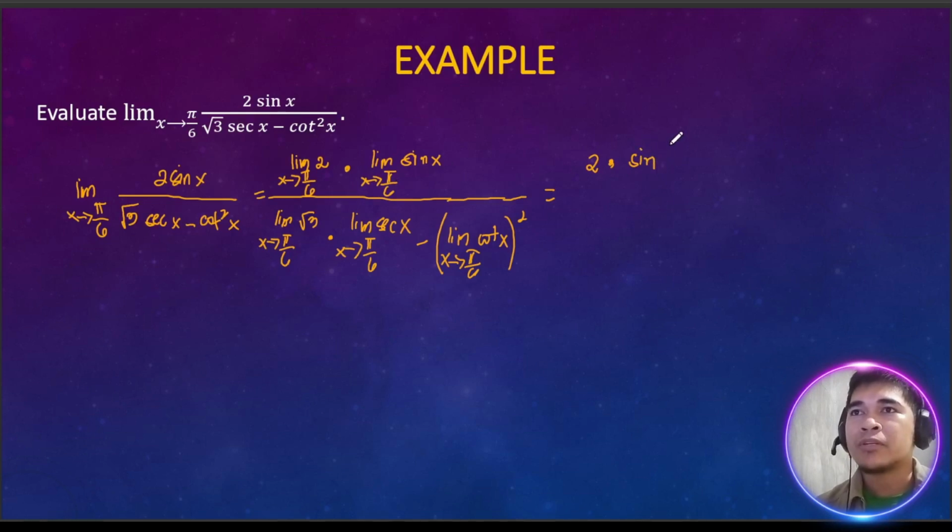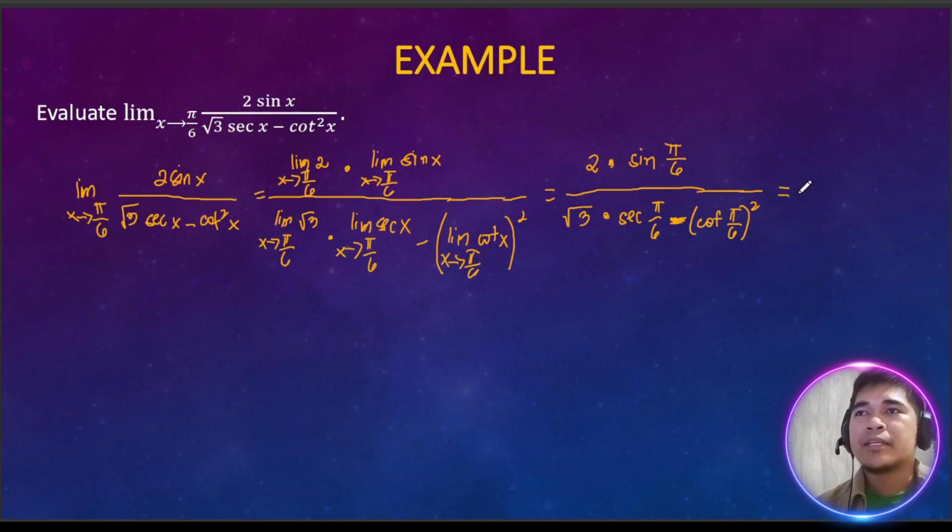Our a is pi over 6, so we have sine pi over 6, all over the limit of square root of 3 as x approaches pi over 6, that is square root of 3, times the limit of secant x as x approaches pi over 6, that is secant pi over 6, minus the square of the limit of cotangent x as x approaches pi over 6, that is cotangent pi over 6, the square of cotangent pi over 6.